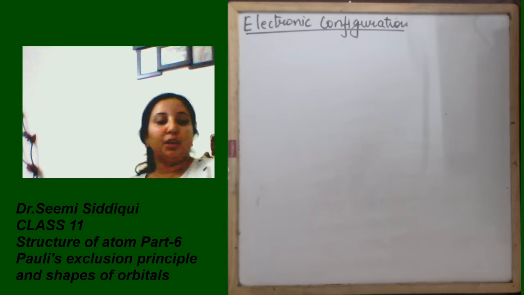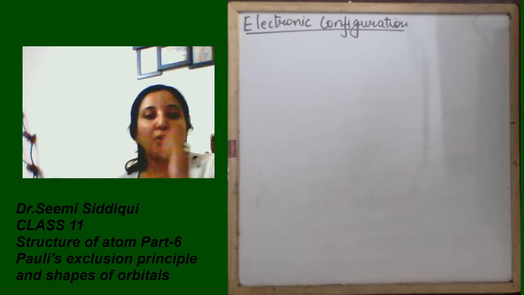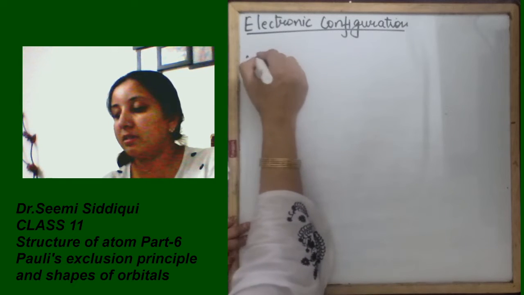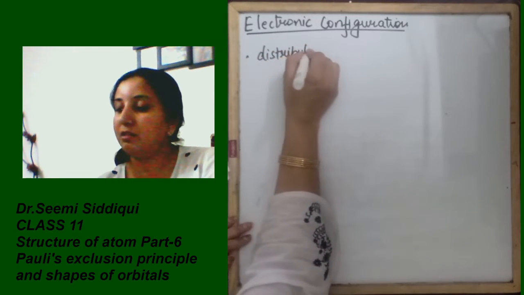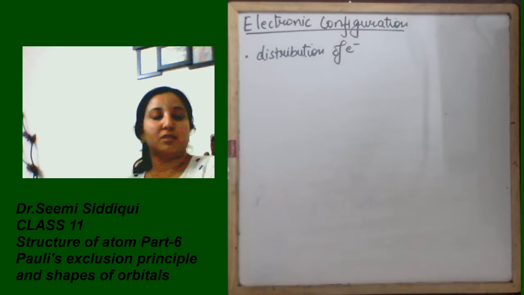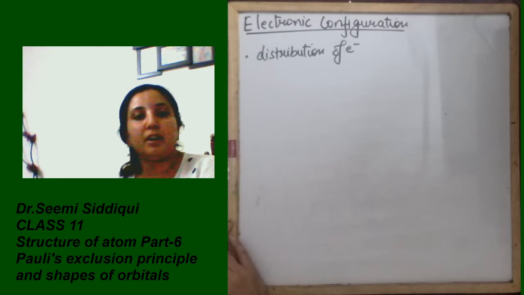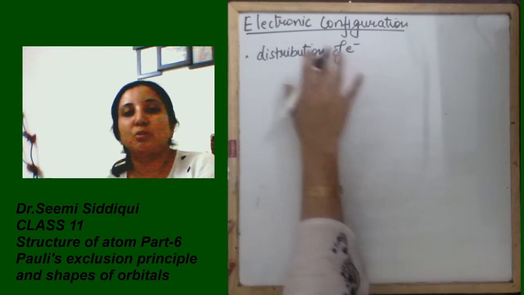When we need to write the electronic configuration of an atom, it means we are just distributing electrons in different orbitals, and that is known as the electronic configuration.